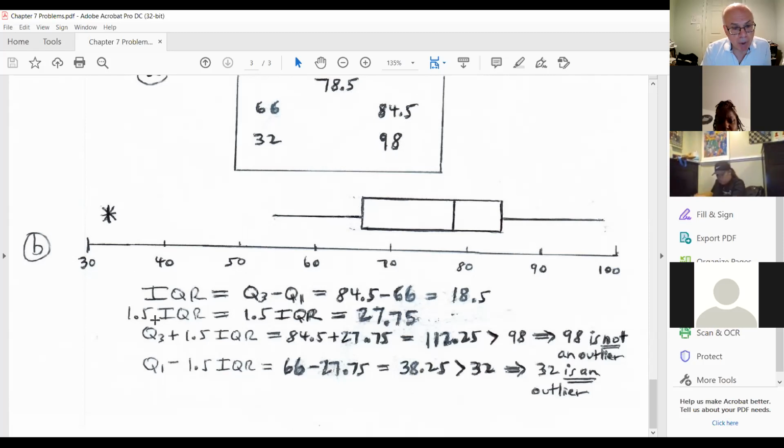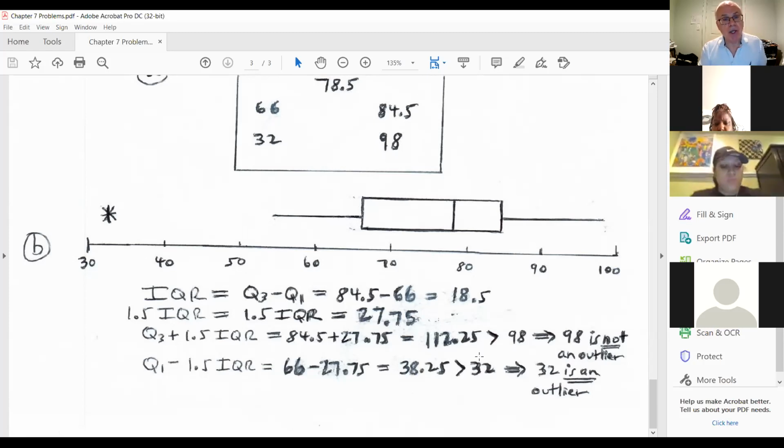You multiply it by 1.5, and then you add that to the upper quartile to see if there are any numbers bigger than the sum of those two. If there are not, then there are no outliers on the upper end. Then you take the lower quartile and subtract this number to determine if there are any numbers lower than this, and there is in this case the 32. Therefore 32 is an outlier.